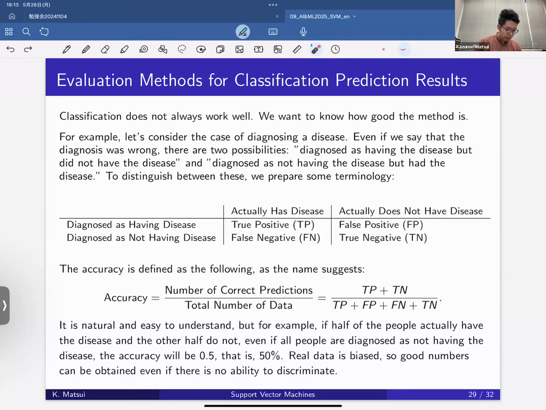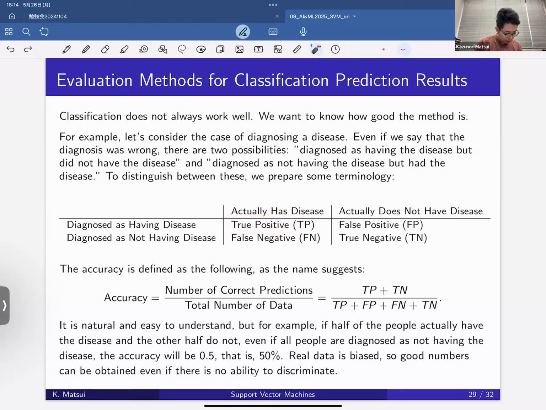So we prepare terminology to distinguish between these. When we diagnose as having the disease and the person actually has the disease, we call it true positive.